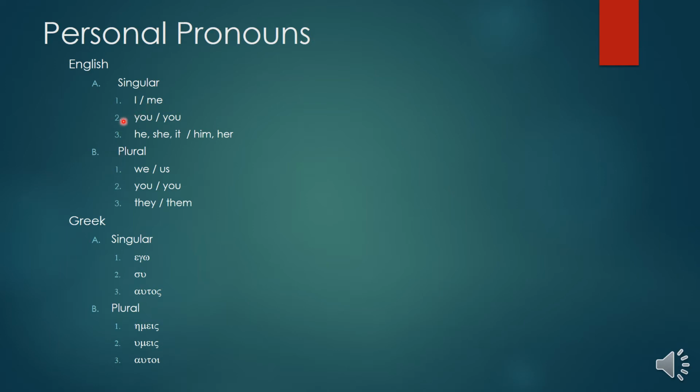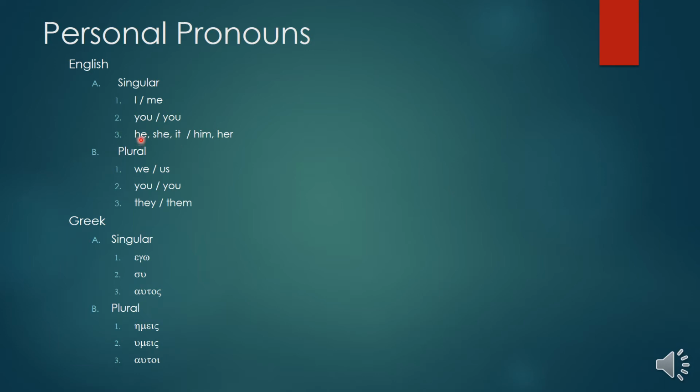The second person singular pronoun is you, and the object form is also you. So you ate the bear, or the bear ate you. The third person singular personal pronoun is he, masculine, she, feminine, or it, neuter.